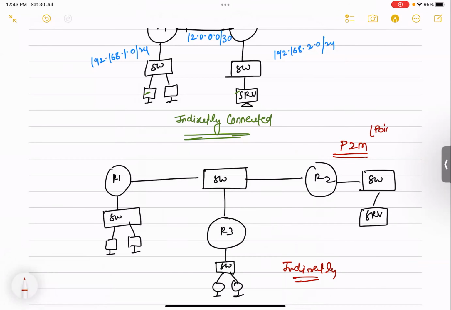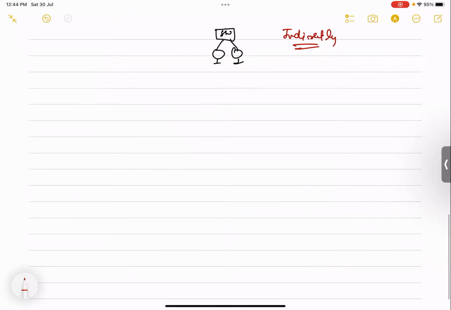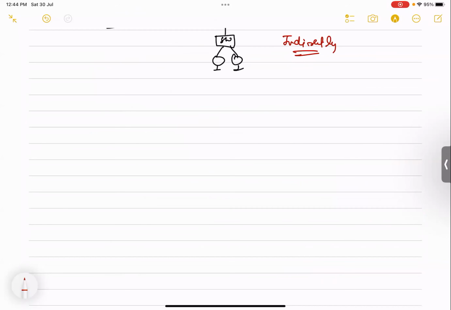P2M means point to multi-point. Yes or no? Yes. And this one is called P2P, point to point. Clear? Any doubt? No.